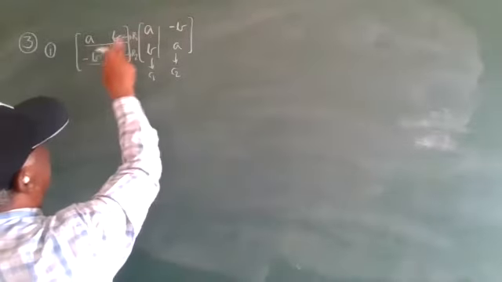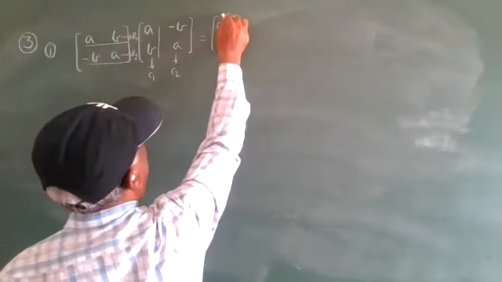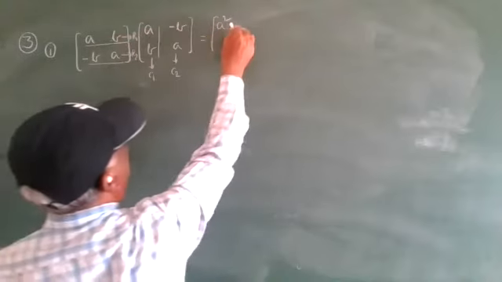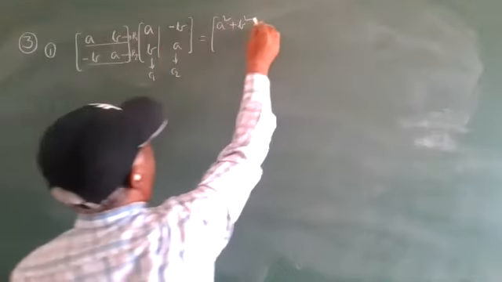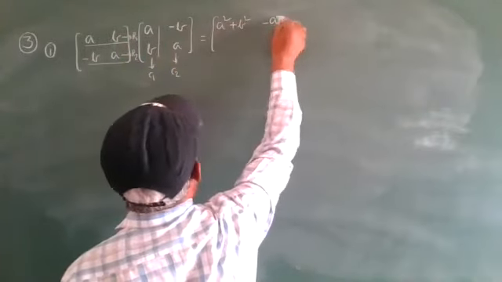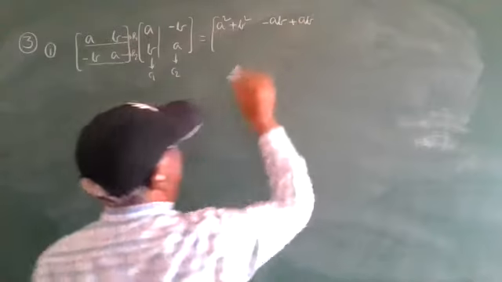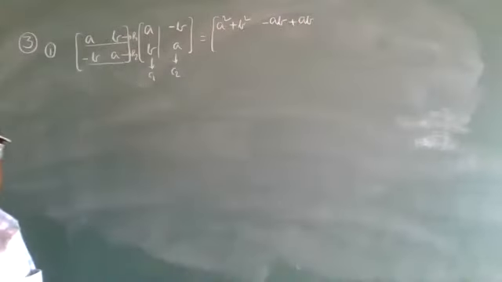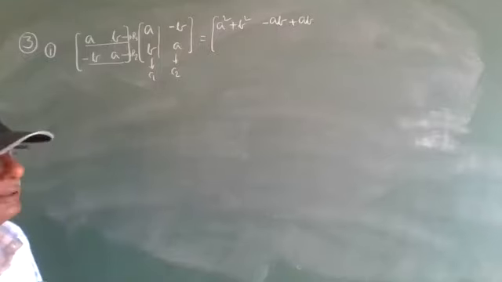Directly, A square plus B square. First element is A square, second element B into B, the B square. Same, first row with the second column: A into minus B, minus AB, B into A, plus AB, so they cancel to 0.